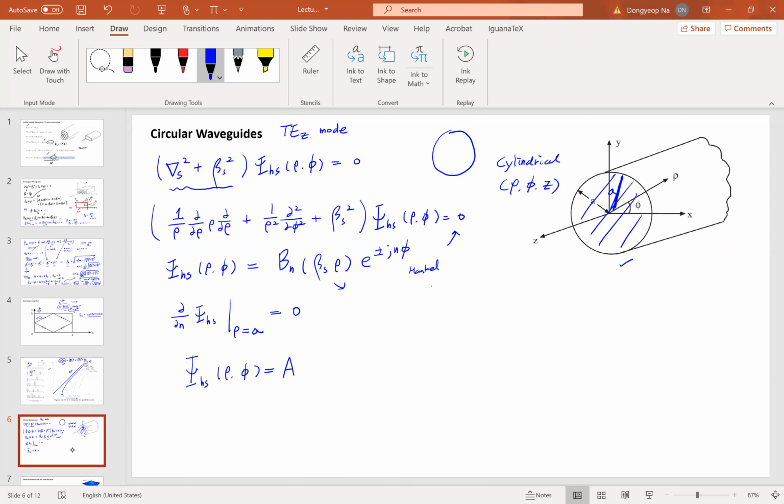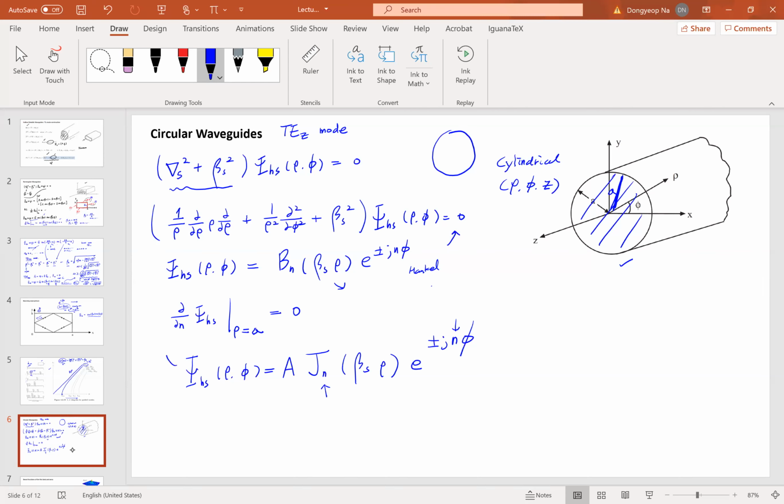So the arbitrary constant times the Bessel function of the first kind, J_n of beta_c rho, times the exponential plus minus j n phi. Again, n is the integer related to the order of this Bessel function of the first kind.